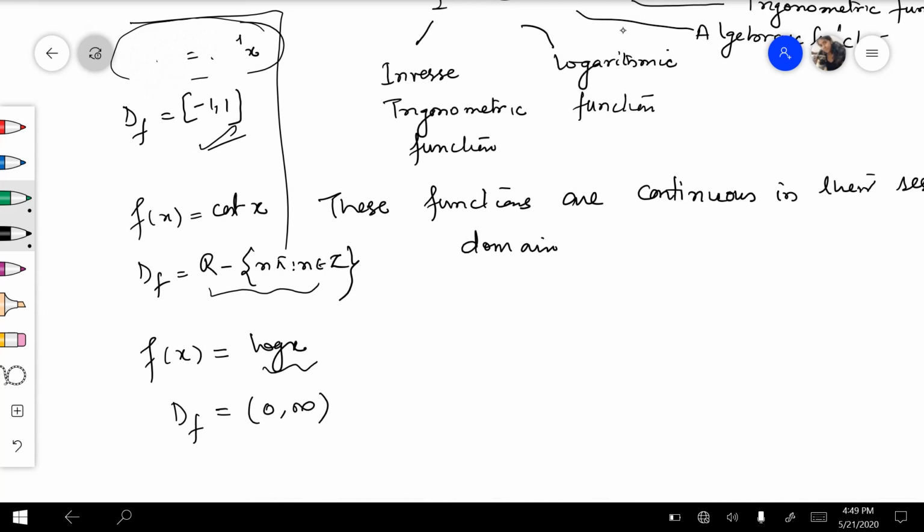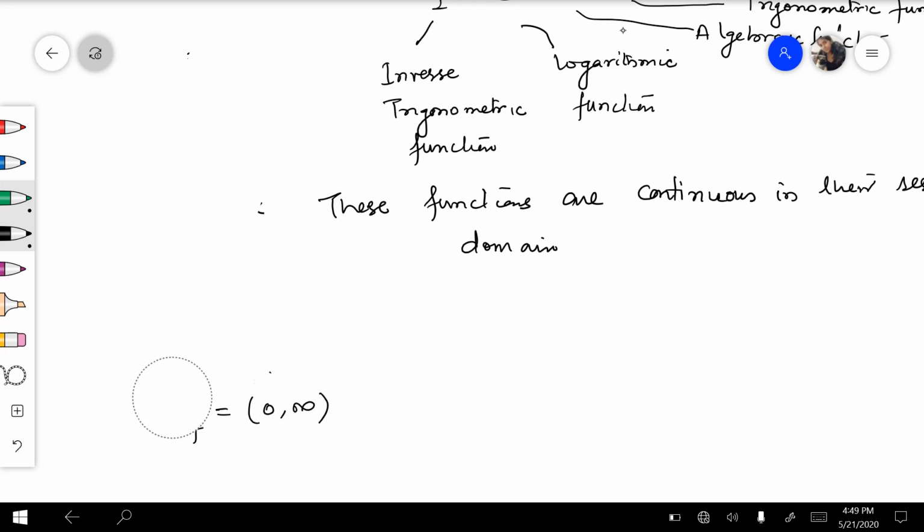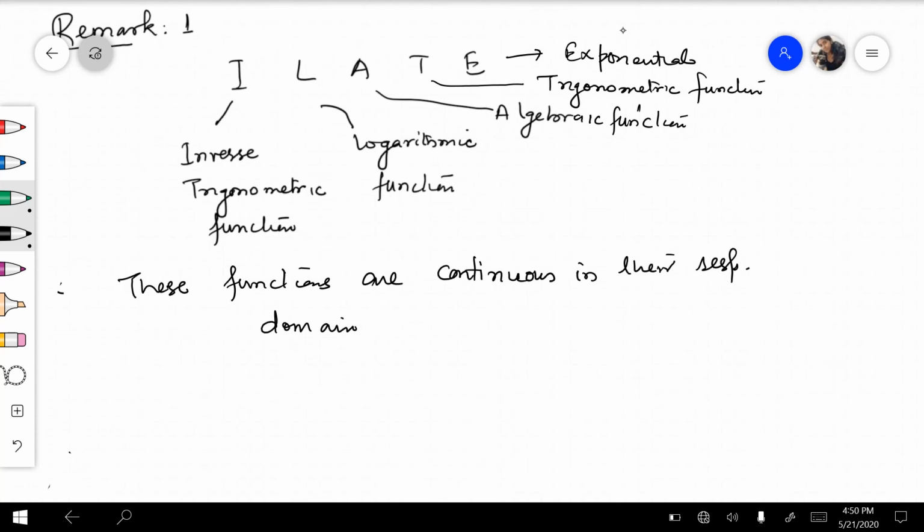If we have these functions, highlight function, inverse trigonometric functions, then logarithmic function, then algebraic function, then trigonometric functions, exponential function, these are continuous functions in their respective domains, and you will come across this word again and again in your class 12th. So this is the first chapter where I'm touching this point.